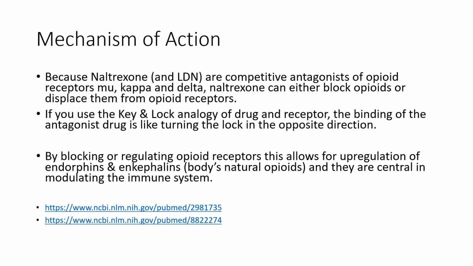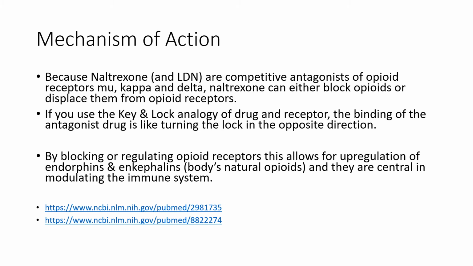If you use the sort of sophomoric key and lock analogy of drug and receptor, the binding of the antagonist drug is like turning the lock in the opposite direction. By blocking or regulating opioid receptors, this allows for upregulation of endorphins and enkephalins, which are the body's natural opioids, and they are central in modulating the immune system.